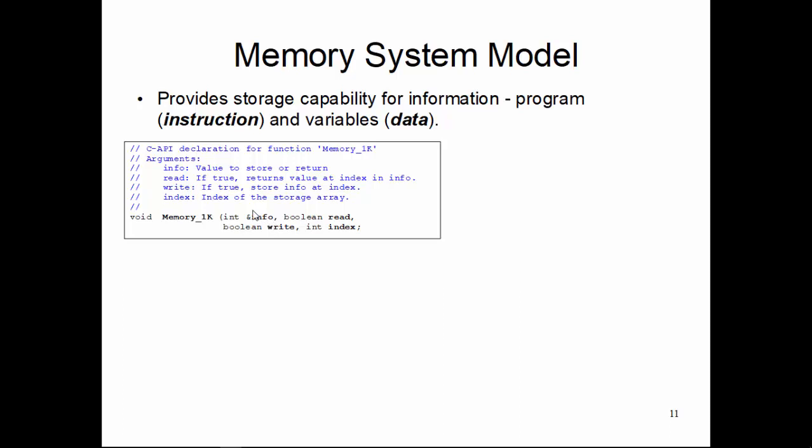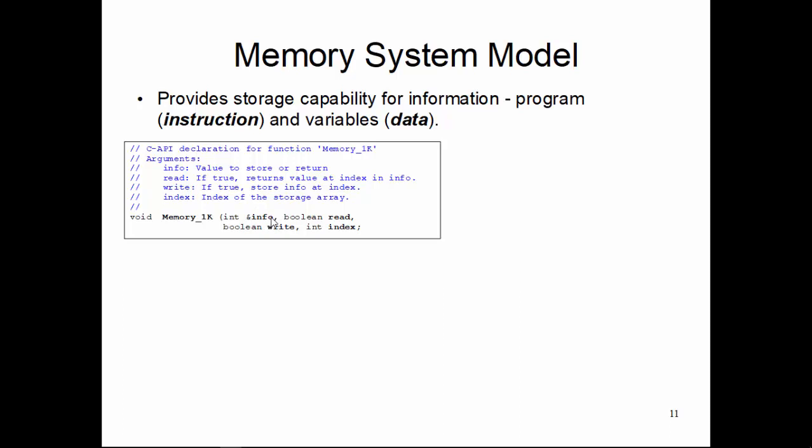Now, here is a very interesting usage of a pass by reference variable, as I explained in the ALU module. What is a pass by reference? If it is a read operation, which is denoted by the boolean flag read as true and write as false, in that case this memory subsystem will return a stored value in the memory into this variable.